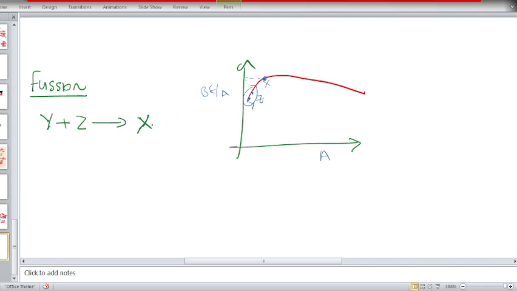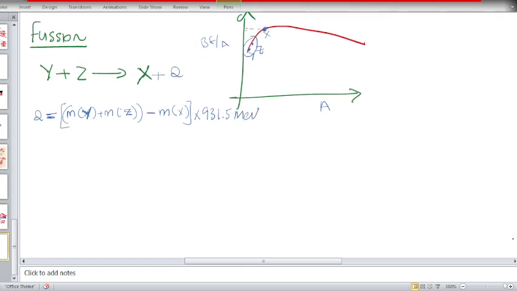If you want to find out the energy released, and the masses are in atomic mass units, then you take mass of X plus mass of Y plus mass of Z, minus mass of X, then multiply this with 931.5 MeV. You'll get the energy released in that particular interaction for nuclear fusion.